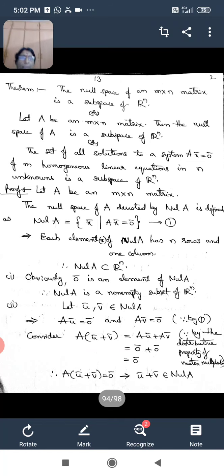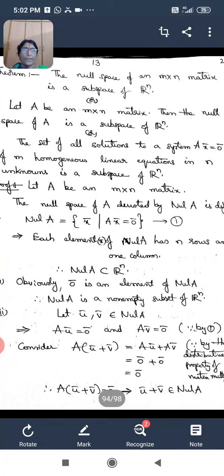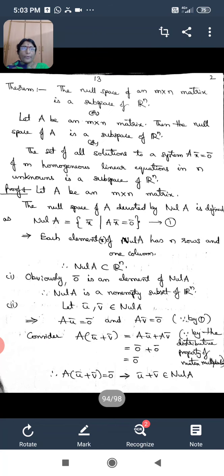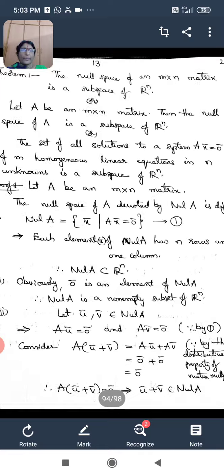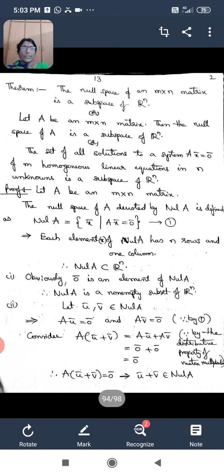And by the above statement we can see A u bar is equal to 0 bar and A v bar is also equal to 0 bar. Now substituting those two in this step, A times u bar plus v bar is equal to 0 bar plus 0 bar, which is nothing but 0 bar. So now we could prove that capital A times u bar plus v bar is equal to 0 bar.